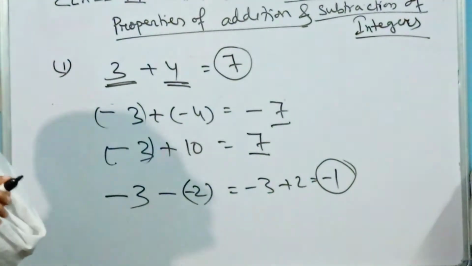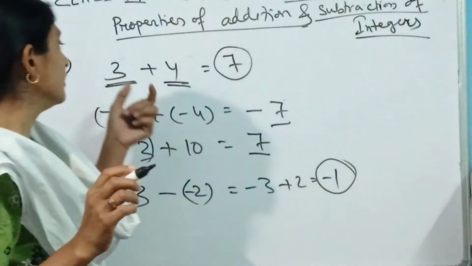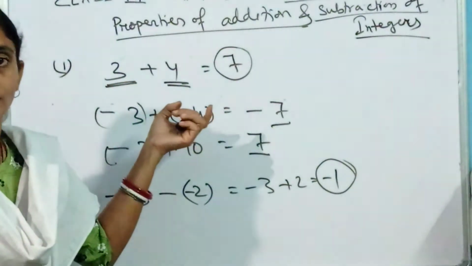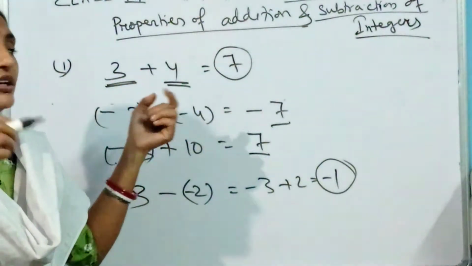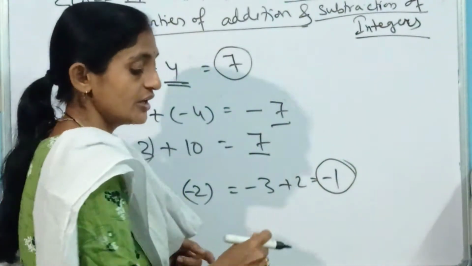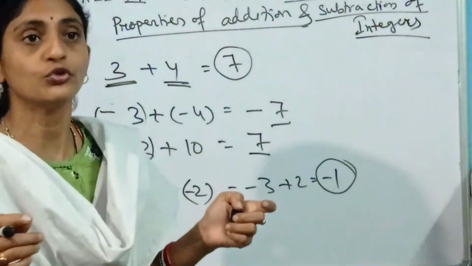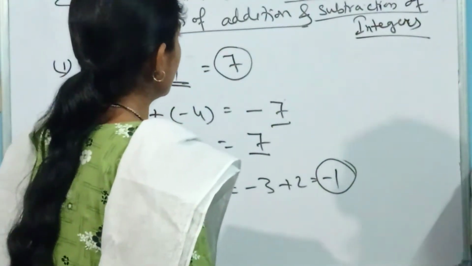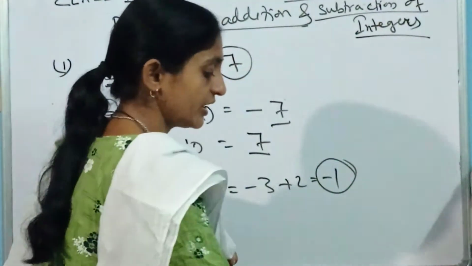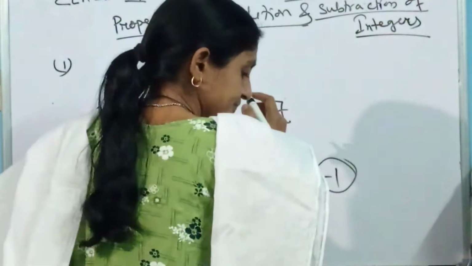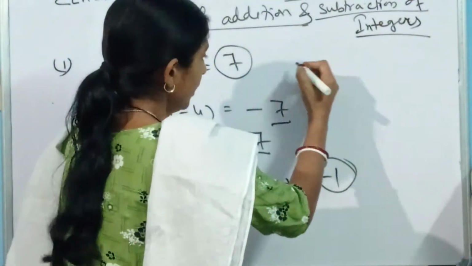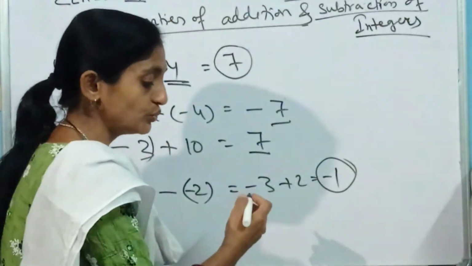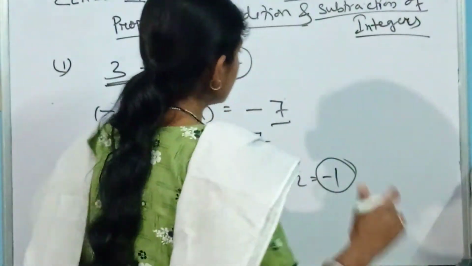So you can say, if you are adding two integers or subtracting two integers, and as a result you are getting an integer, this is the property of closure. So we can say that if we are working with two integers, the result will always also be an integer.